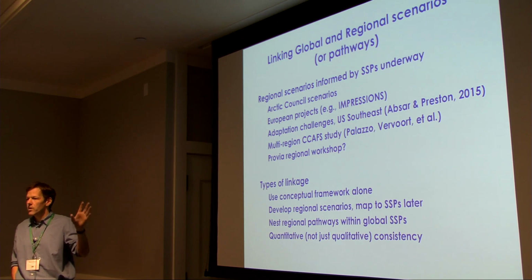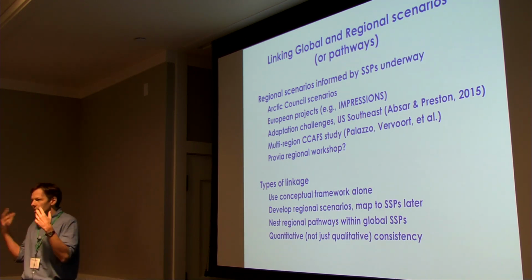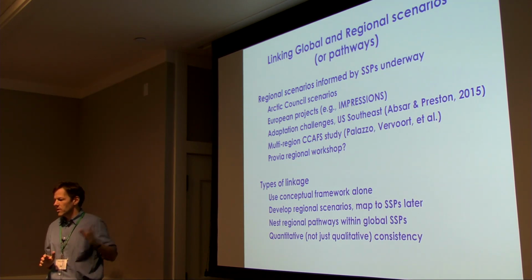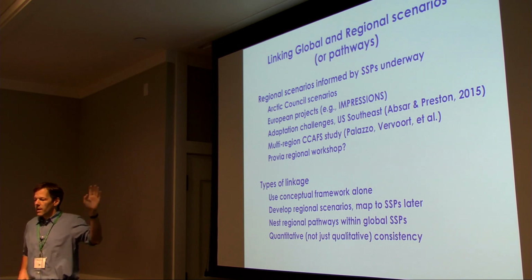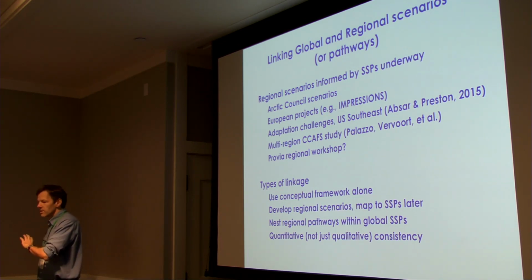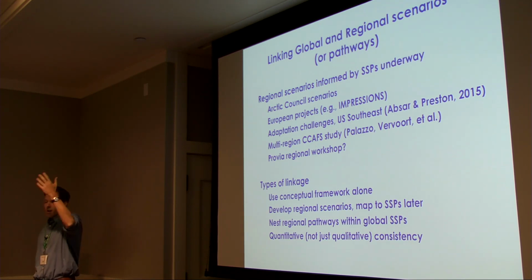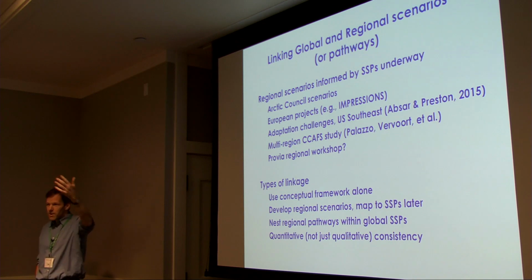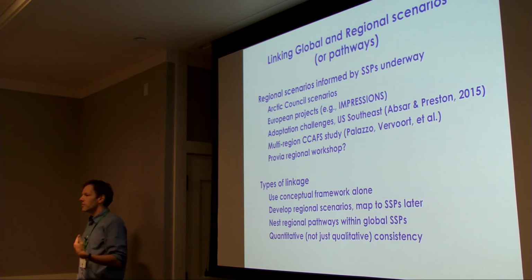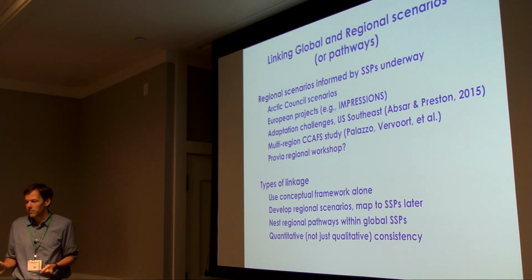There are European projects that are developing SSP-based European outcomes for the future. There's been some use of the SSPs for a Southeast study. The CCAF studies in particular regions have used the SSPs. As I understand it, and maybe Cynthia knows more about this, I talked to Chris Ebi, and there's maybe thought of having a Provia-sponsored regional workshop on developing more detailed regional versions of the SSPs coming up.